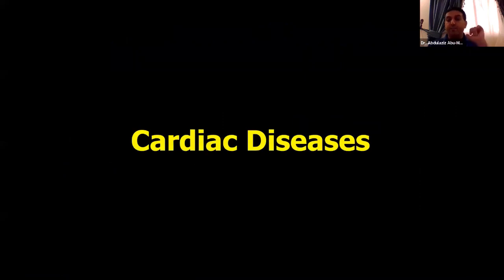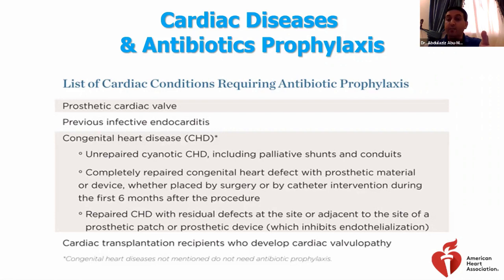Cardiac disease: if you go with those diseases, we have the American Heart Association. The American Heart Association gives the only conditions that require antibiotic prophylaxis: prosthetic cardiac valve, previous infective endocarditis, congenital heart disease, and cardiac transplant.